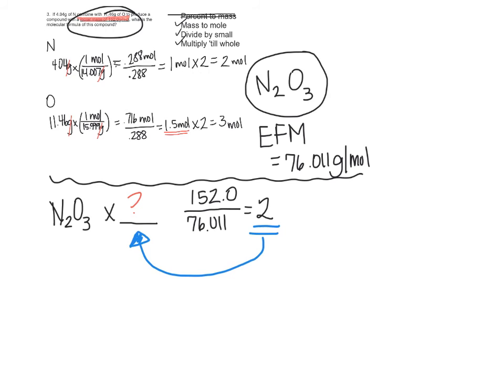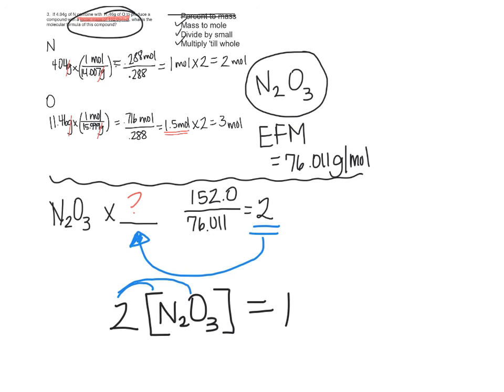So when I do that, my molecular formula is going to be 2 times N2O3. Remember that this 2 is going to distribute to both of these. So when I distribute that and multiply, I'm going to get N4O6.